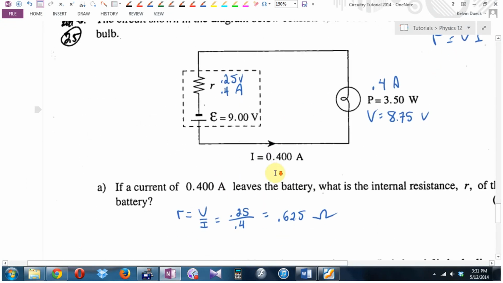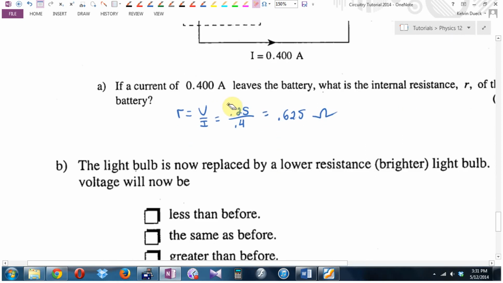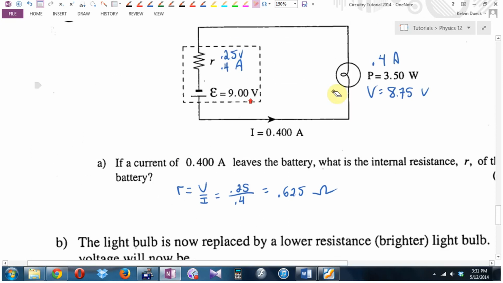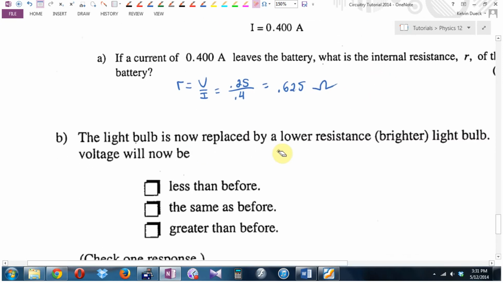Well, what affects the terminal voltage? The internal resistance doesn't change because that's a chemical component of the battery. But what else appeared over here? Total current. Really what this is saying is if you replace this with a lower resistance bulb, will current go up or go down?